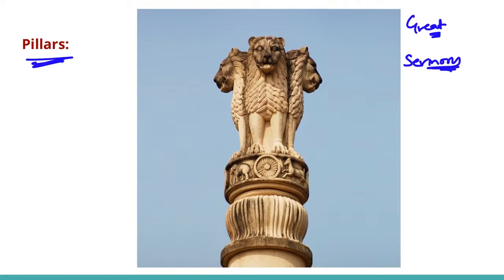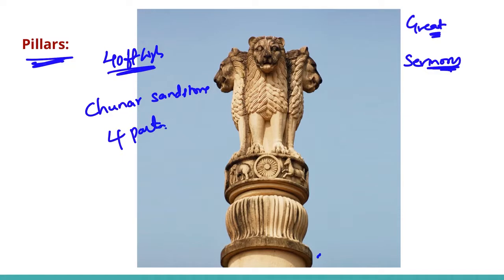On an average 40 feet high, the pillars were usually made of Chunar sandstone and comprised 4 parts. A long shaft formed the base and was made up of a single piece of stone, so we can call it a monolith. That means it is made up of a single piece of stone.